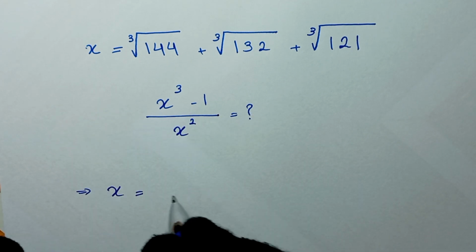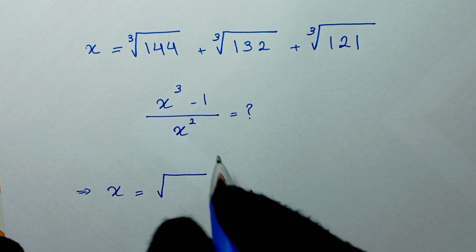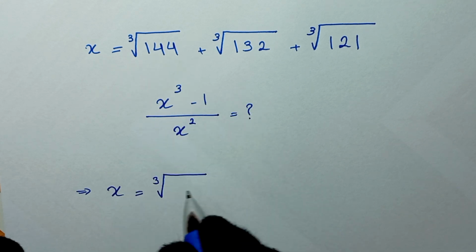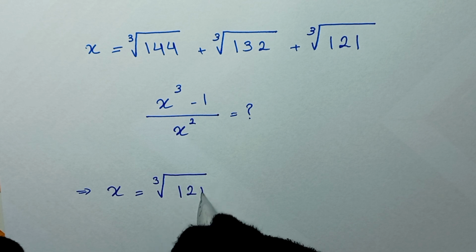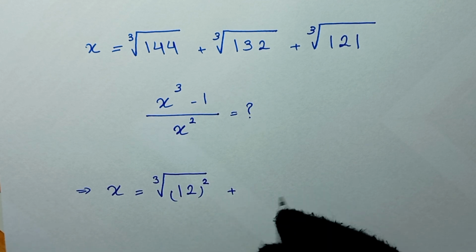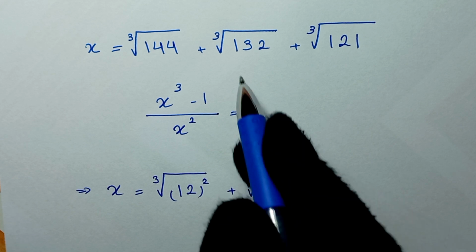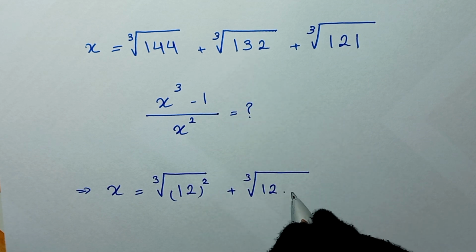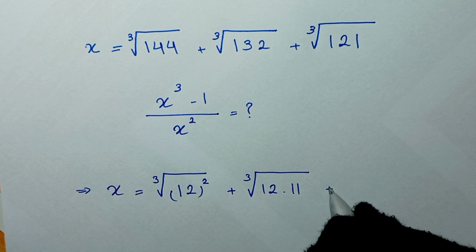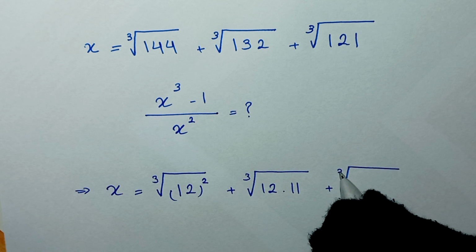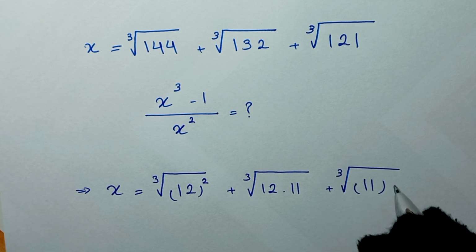So, we write x is equal to cube root of 144, and we can write 144 as 12 to the power of 2, and plus we can write 132 as 12 times 11, and plus 121 as 11 to the power of 2.